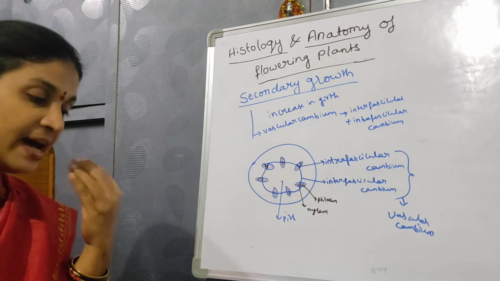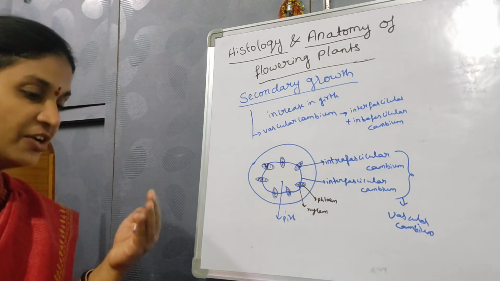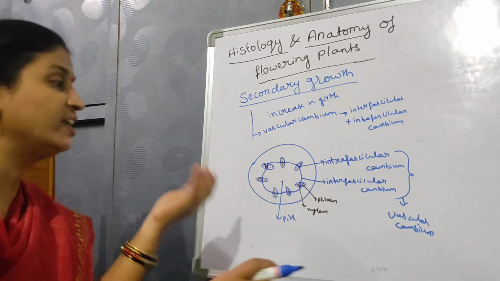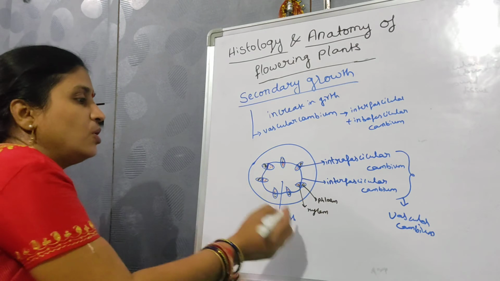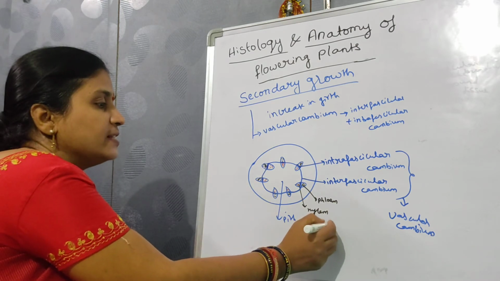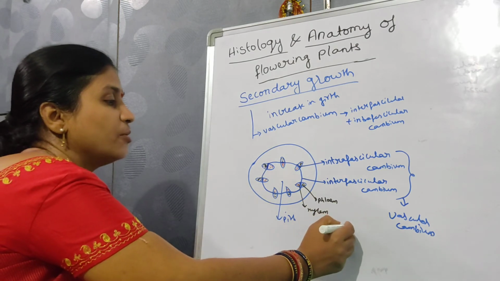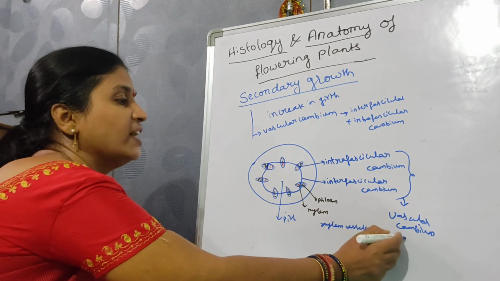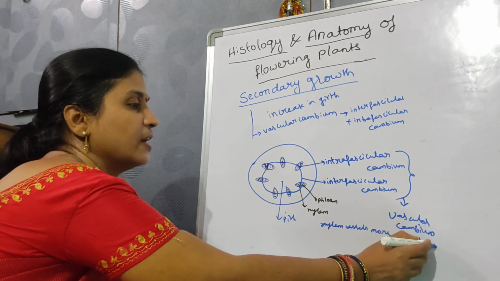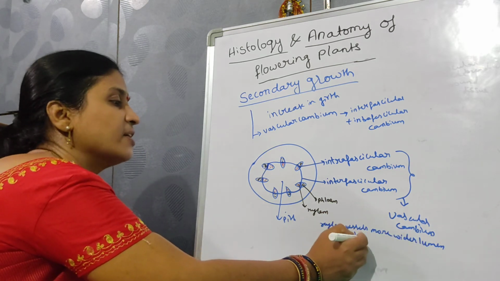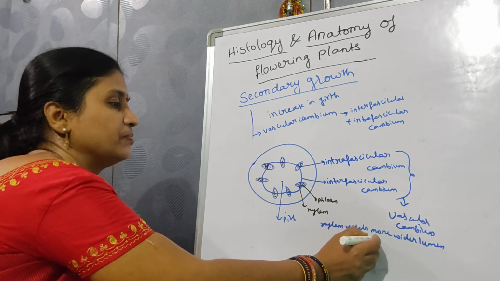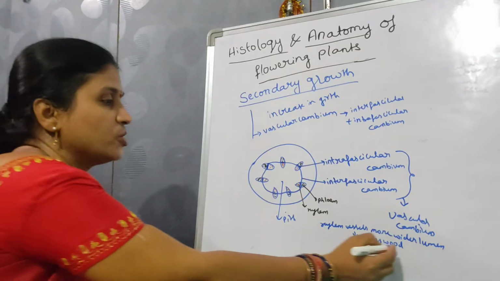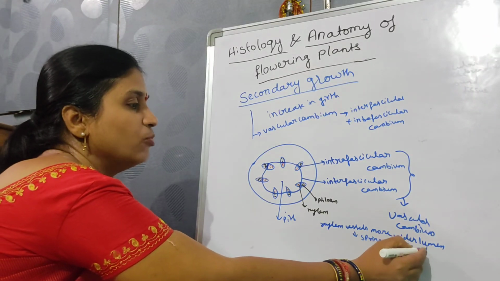So during that period, the xylem vessels are more in number, and wider lumens are present. Such type of wood is called spring wood, or you can also call it early wood.